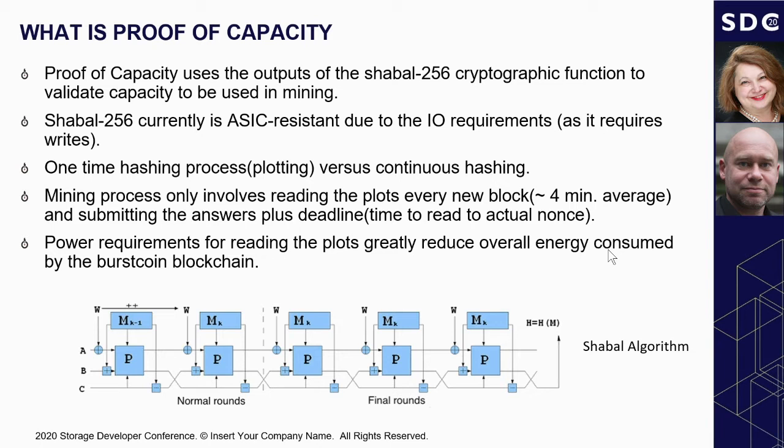There are more right now which I observed being developed, so we will probably see a slew of other consensus protocols, but today proof of capacity is one of the most popular, and it uses a SHA-256 cryptographic function to validate the capacity of the storage device used in mining. One of the benefits of SHA-256 is that it fits the I/O requirements, because basically you are doing I/O memory writes, and it's ASIC resistant.